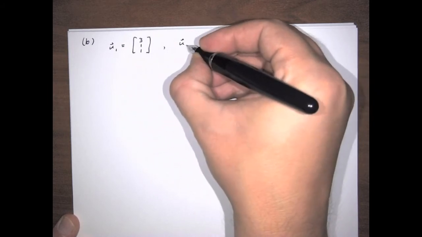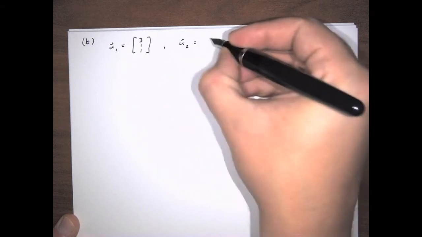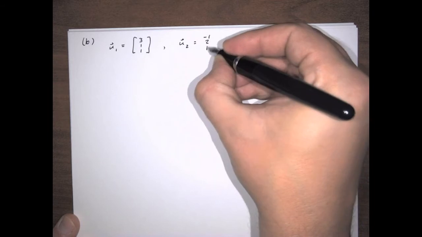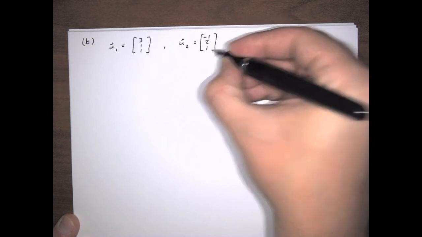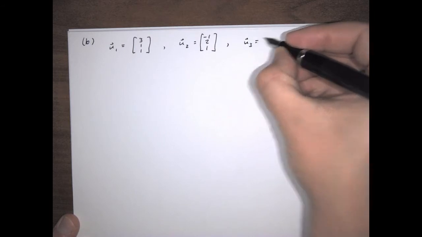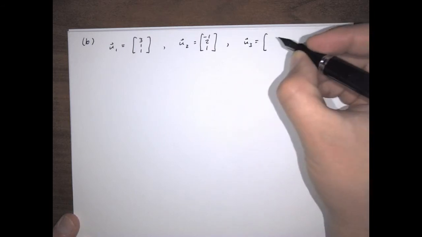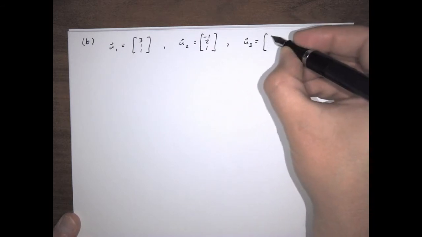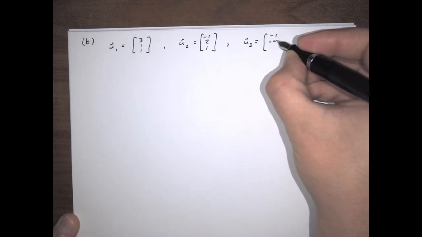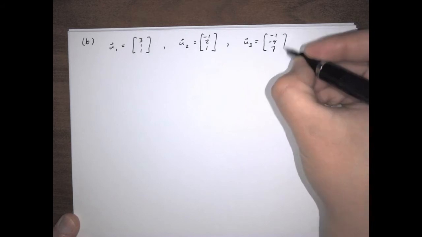U2 will equal (-1, 2, 1), we'll just recycle the U2 from before. Now it's the U3 that will change. Until we got to the last step, we had smooth sailing, so let's just alter this last vector and see what we get.